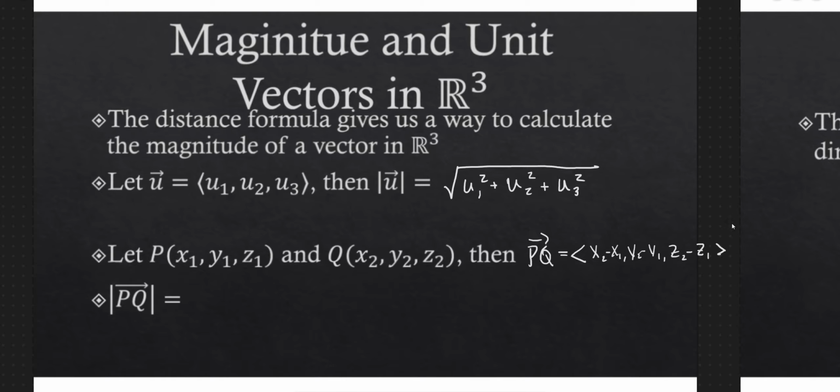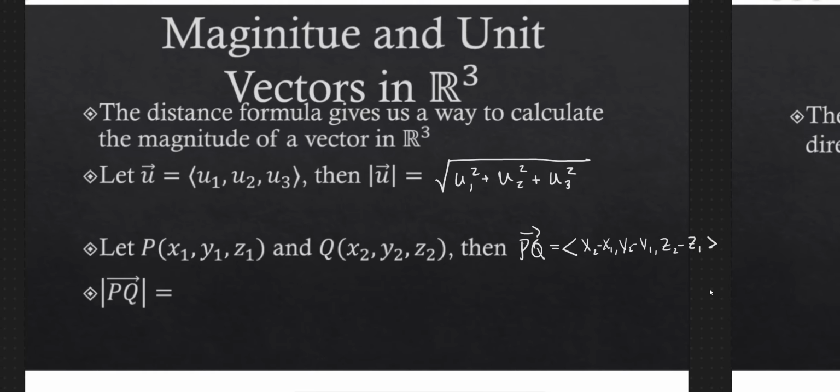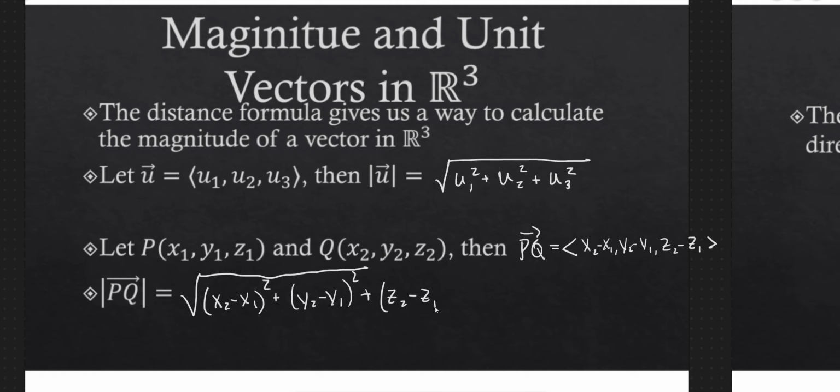That would be my PQ vector. And then I want the magnitude of that, so we can come back here. This is now written in component form as a position vector, and we'll get PQ is the big square root of the x component, which is the difference in the x values, squared, plus the y component, difference in the y values, squared, plus difference of the z components, squared. And that's the magnitude of PQ.